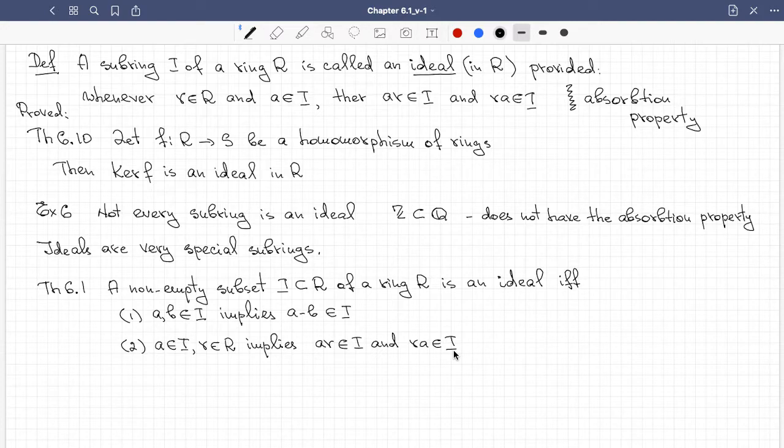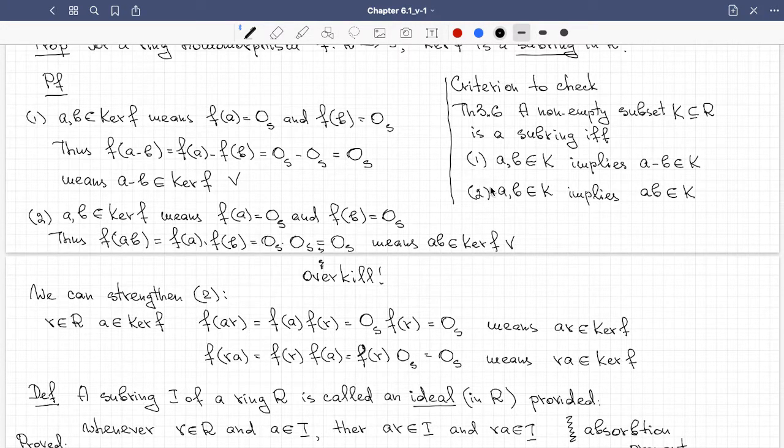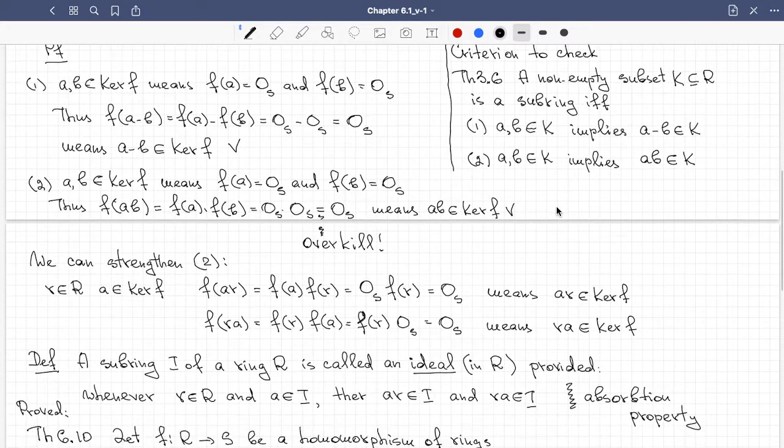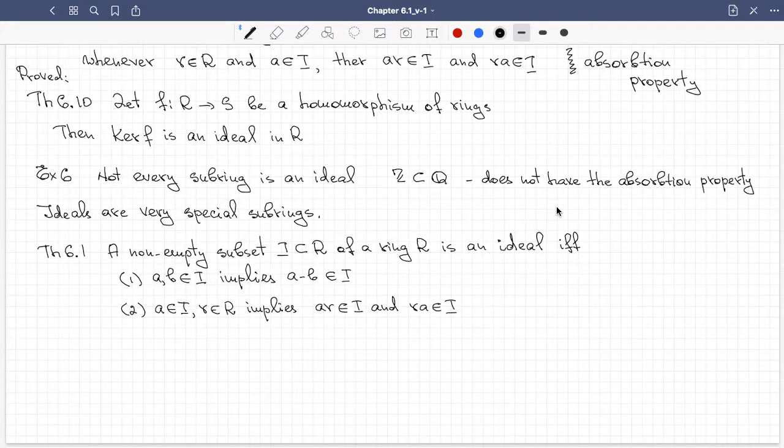The proof uses the criterion which I just mentioned and used here, theorem 3.6, to check that this is enough, that these are if and only if conditions. For the proof, see the textbook for the details. If you cannot restore it on your own, I believe you can.